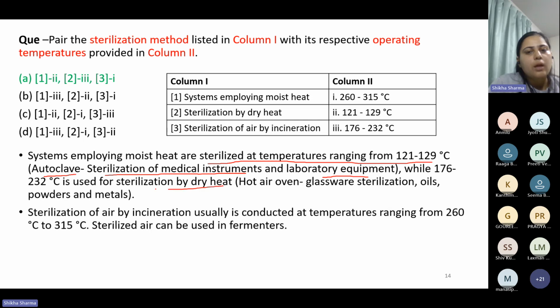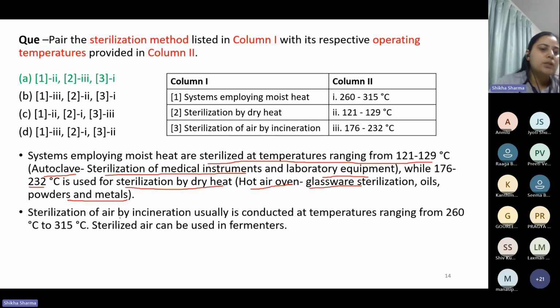Sterilization by dry heat, its temperature is around 176 to 232 degrees Celsius, where we can maintain this kind of condition in the hot air oven or any kind of oven, where the glasswares are used to sterilize, sometimes oil, powders and metals. They are sterilized by this method at high temperature.